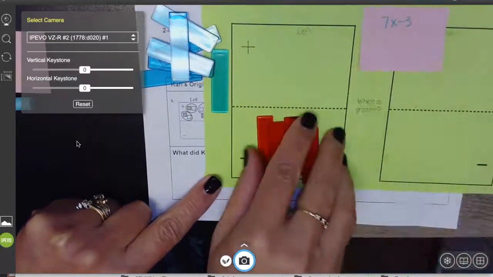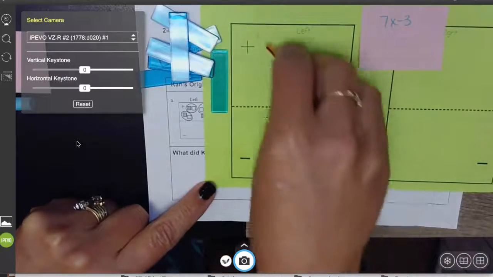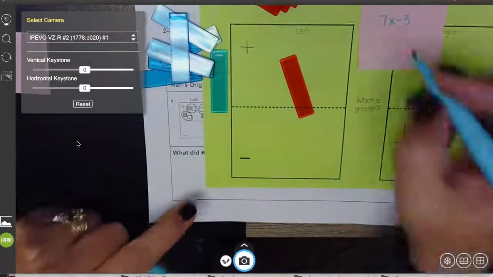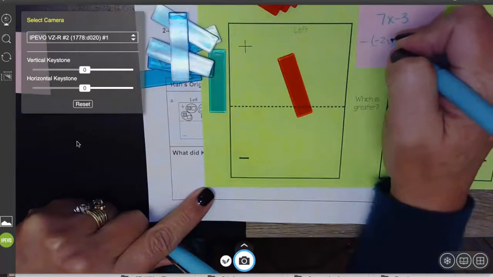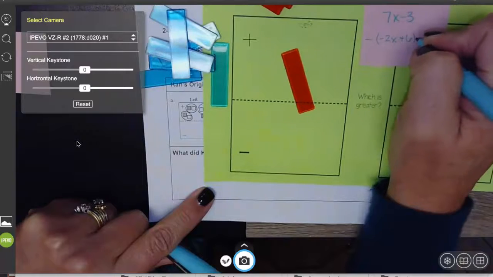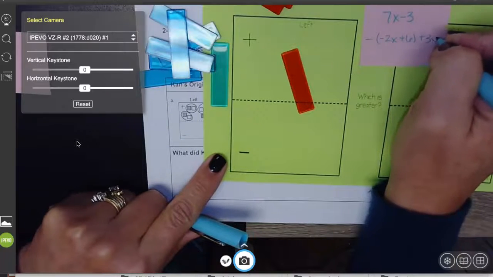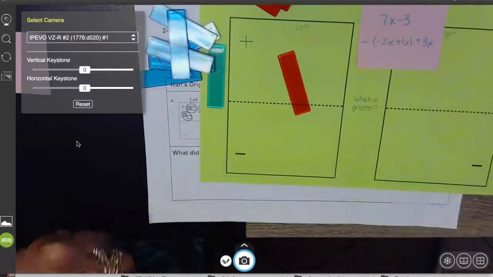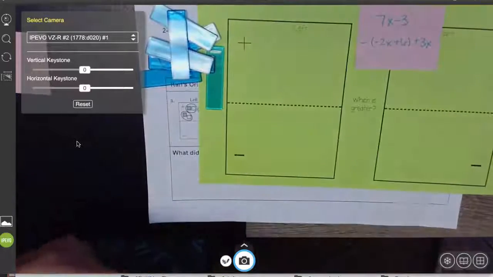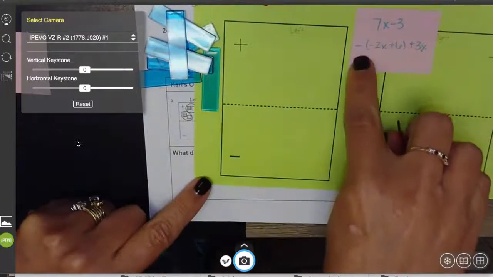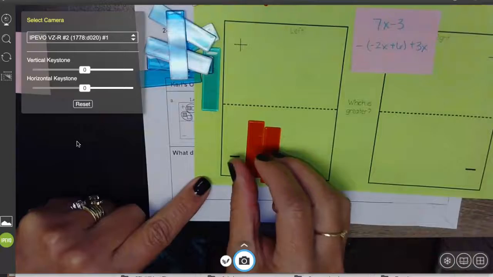The next one where we have a negative 2, it's the negative of the quantity negative 2x plus 6 plus 3x. So we can think of this in a couple ways. Well, we know negative 2x. So here's our negative 2x, and it says the negative of, so we could put them down here.